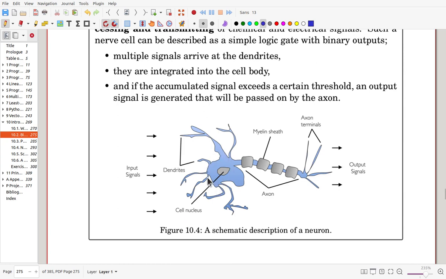Signals come to the neuron through dendrites, and the cell body integrates the signals. Then, when the accumulated signal exceeds a certain threshold, an output is made. That's the schematic description of a neuron.